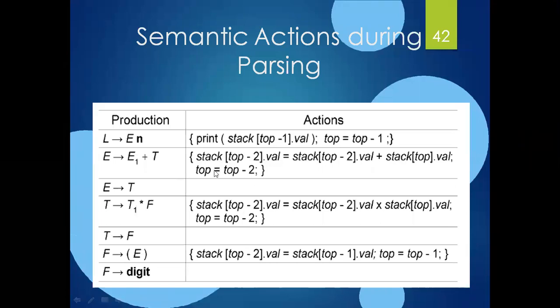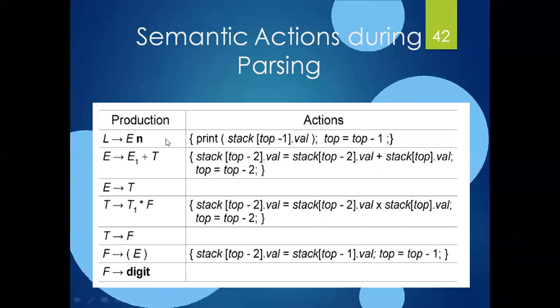That is, stack of top minus 2 dot val is equal to that. Here I'm having the node E, and here also I'm having the node E, so this is equal to this one. In my stack, the top minus 2 position is for the E, plus is for top minus 1, and T is for the top. My top of the stack is T now.